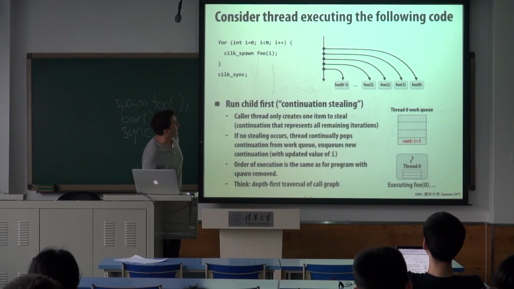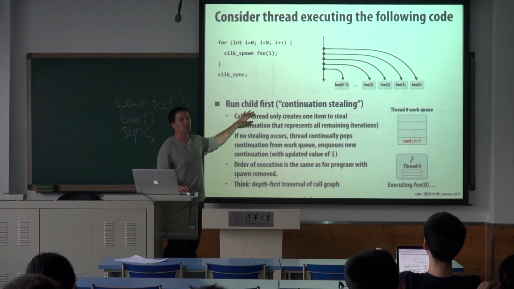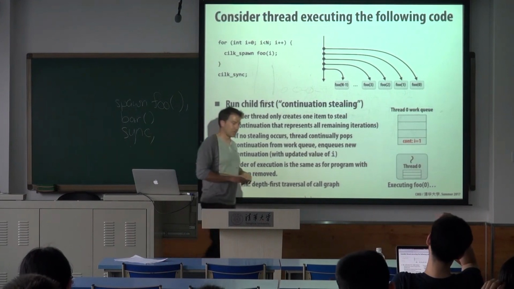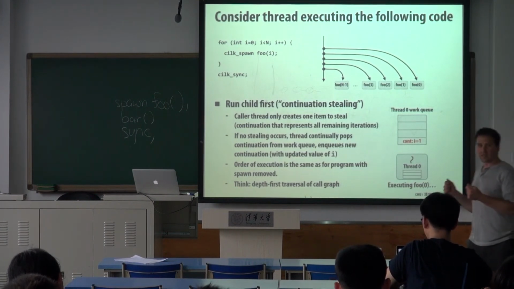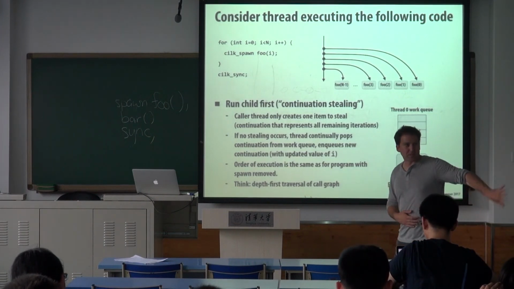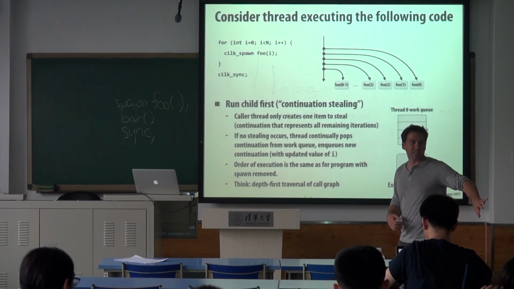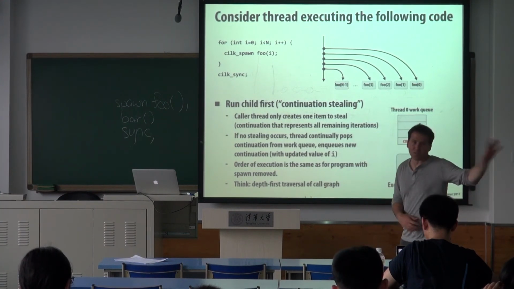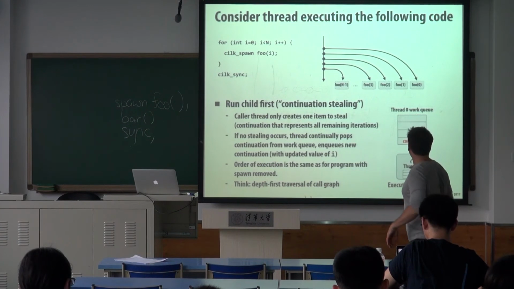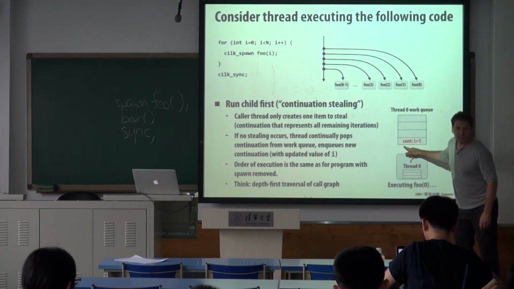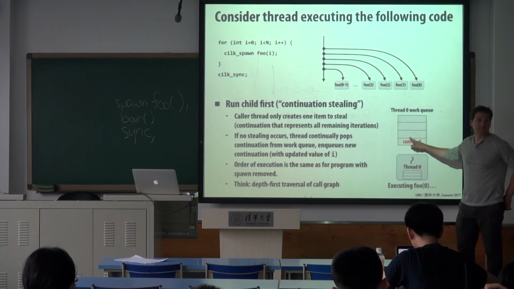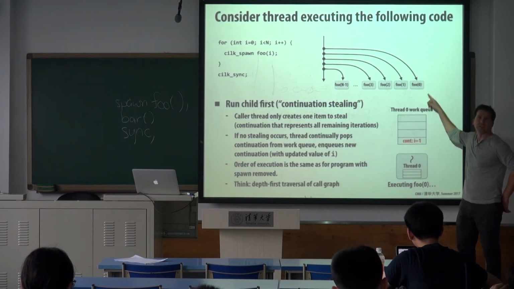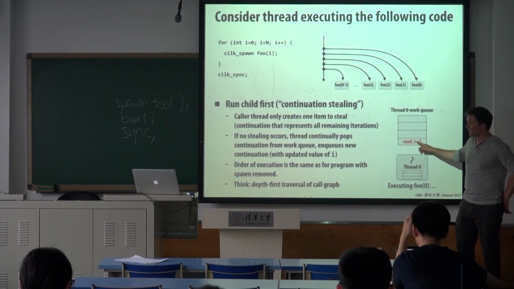So compare that to how it would work if we ran the child first. Yan would say, okay, I'm going to start working on foo 0, and I'm going to put the rest of the work aside, which is the rest of the loop. So the queue has basically the rest of the loop starting at i equals 1. So this is a lot of work. This is iteration 1, 2, 3, 4, 5, all the way to 10. So it's a little bit different.